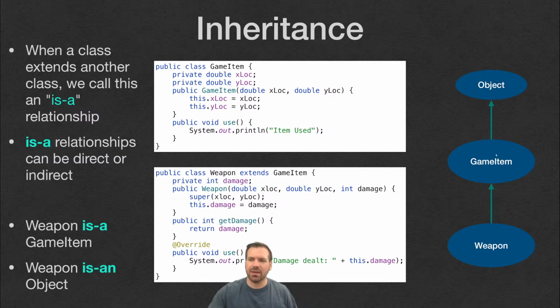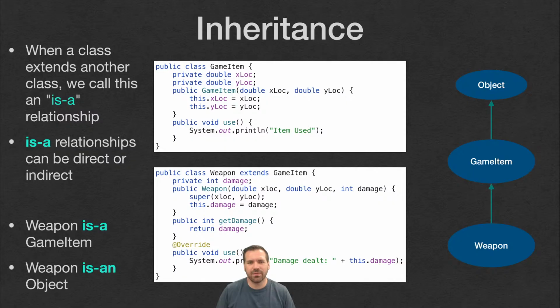And since weapon indirectly extends object, we can say weapon is an object also. So weapon is a weapon, that's obvious, but weapon is a game item, and weapon is an object. So that we have this is-a relationship. If you extend a class, you are that class. A weapon really is a game item.